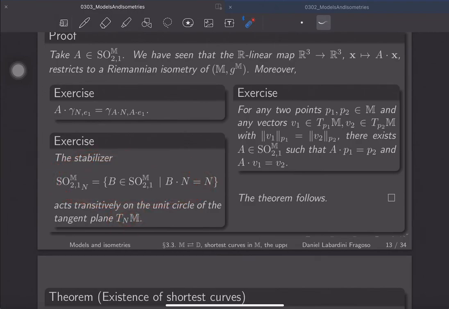And notice, since it leaves n fixed, it takes this tangent plane to itself. Okay, and then the exercise is that the action of this group on that unit circle is transitive.